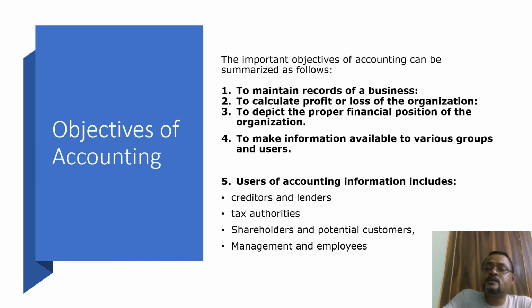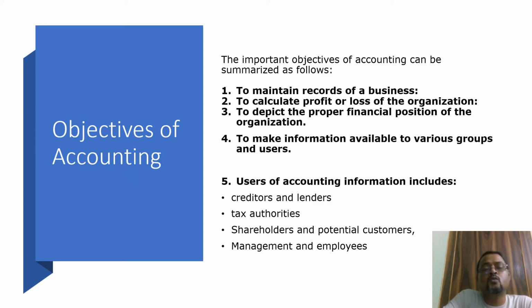The third is you should also be able to prepare a balance sheet, which is known as the statement of financial position, for a company. At a particular date, suppose the fiscal year starts from 1st April 2021 till 31st March 2022, then on that date a balance sheet or statement of financial position has to be prepared.